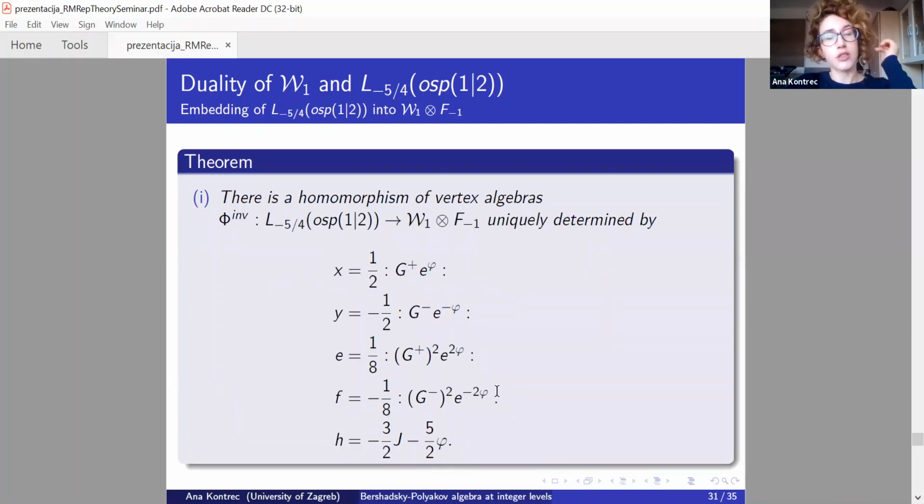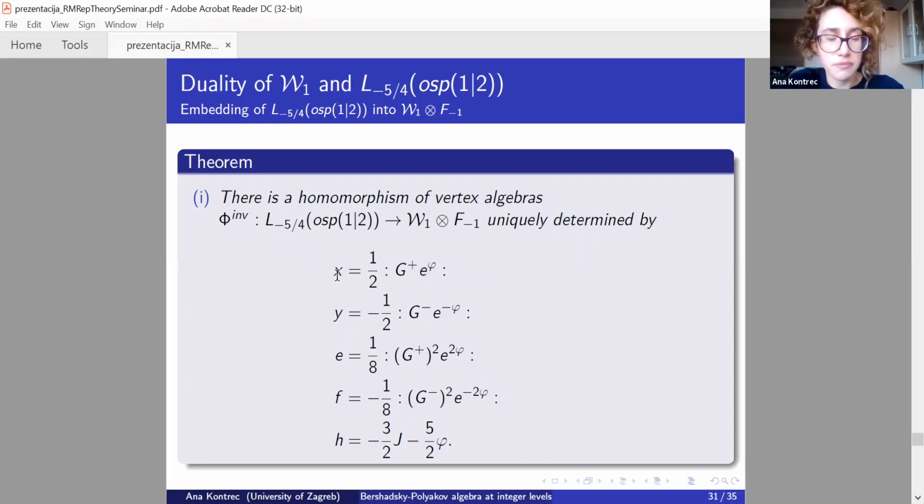We can also go in the other direction and construct a homomorphism of vertex algebras which goes from L minus 5/4 of OSP(1,2) into the tensor product of W1 tensor F minus 1. This F minus 1 is the lattice VOA associated to the negative definite lattice.